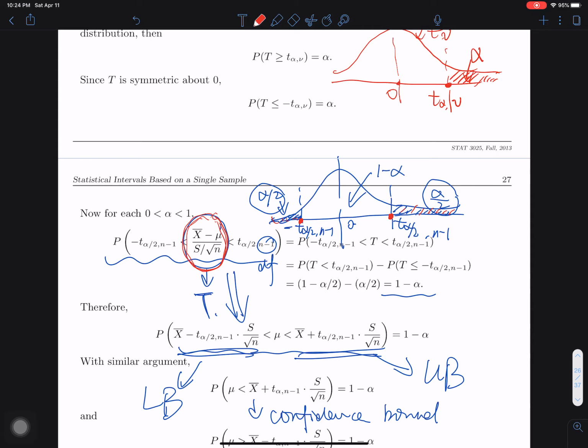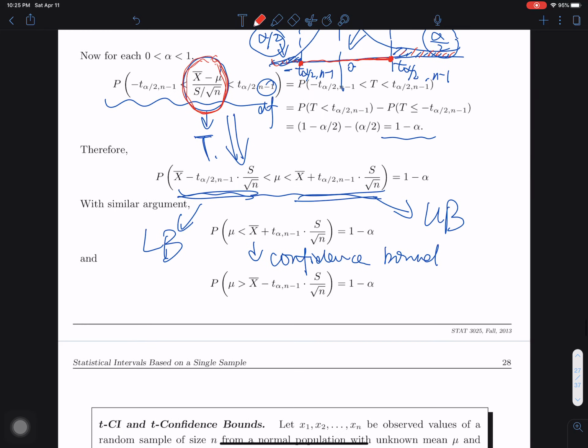And if we rearrange it, we get a lower bound for mu and an upper bound for mu as well. We call this a confidence interval for mu, and this is an exact confidence interval. There's no approximation here. And in a very similar argument, we can find a confidence bound, either upper bound or lower bound, for mu using the t distribution.